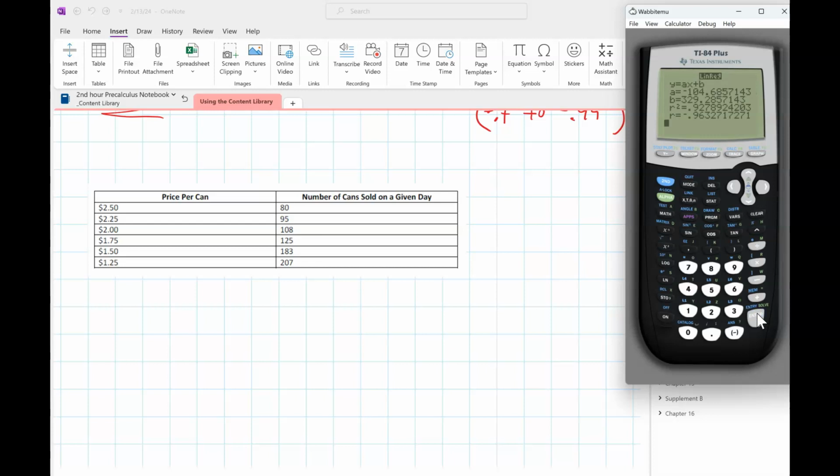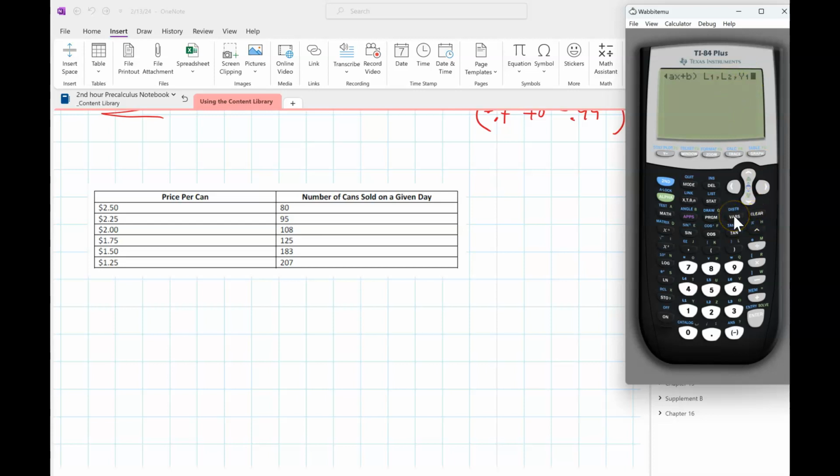So Wade, your calculator says LinReg with a parenthesis, right? Afterwards, you'd want to type in L1, so second, the number 1, and then a comma, which is above the 7, and then do second, number 2 to get L2, and then a comma, and then you're going to get the Y1 there.